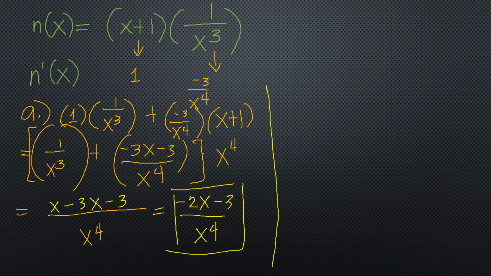Now using the quotient rule, we have this answer. Remember that x plus 1 times 1 over x cubed is actually equal to x plus 1 over x raised to 3 after multiplying, and that will be the quotient. Okay, so this will now be the square of the denominator x cubed.